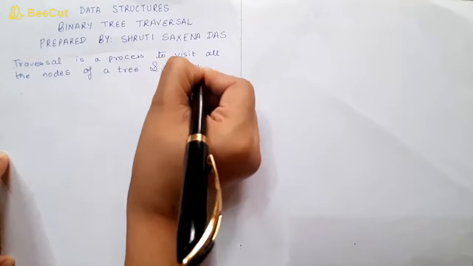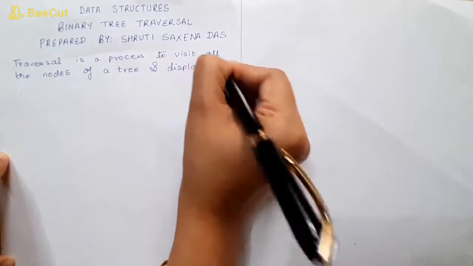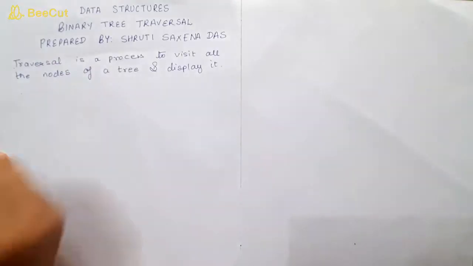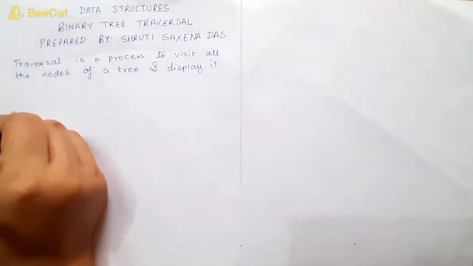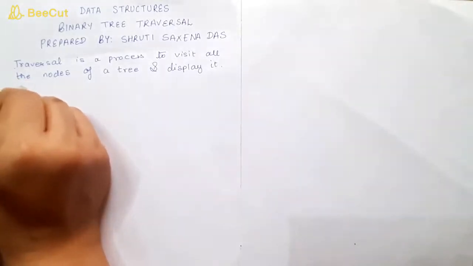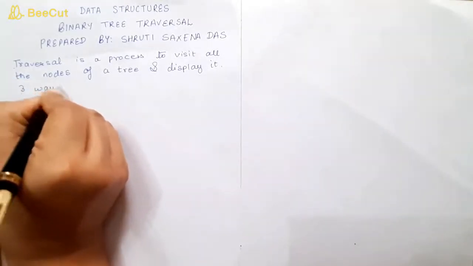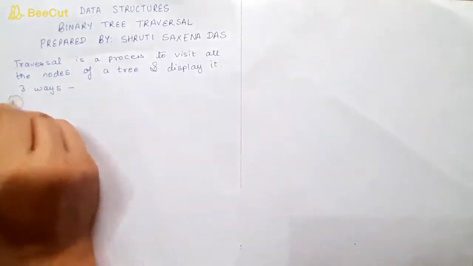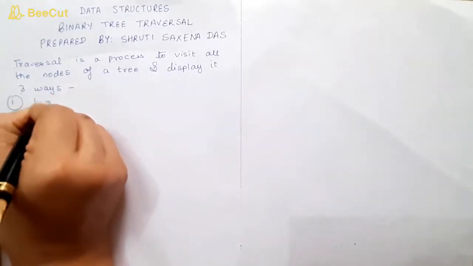This process of exploring all the nodes and printing them is known as traversal. There are 3 ways in case of trees in which we can explore all the nodes. The first one is in order traversal.